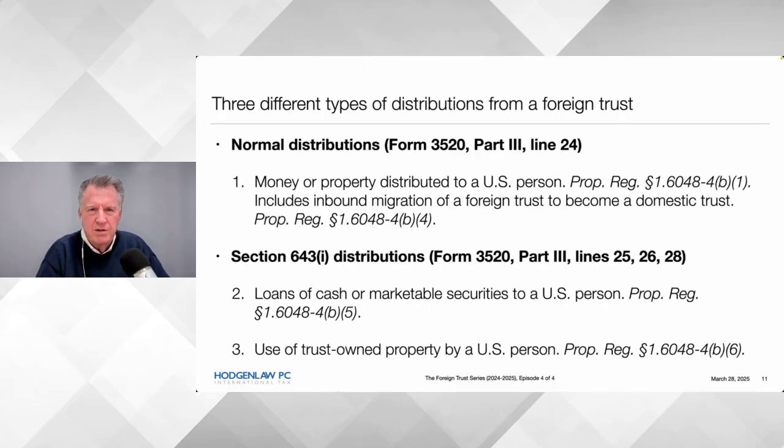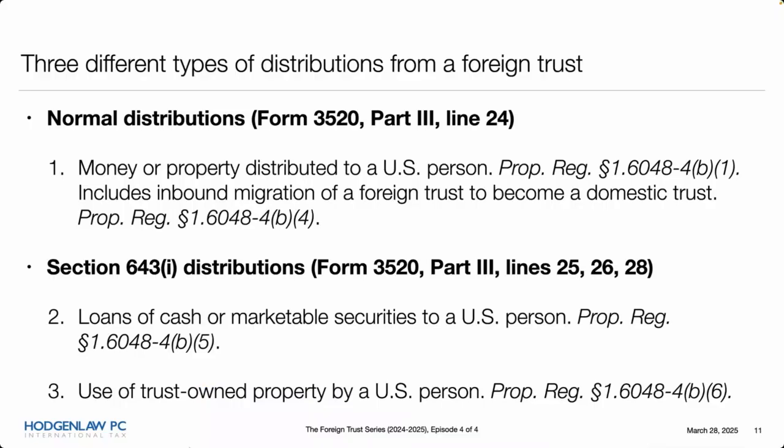And there are 3 different types of distributions. The first one is the normal kind of distribution, which is I got a wire for $100,000 from the trust. Easy, right? Relatively. But there are 2 kinds of other sort of deemed distributions that are not so easy necessarily.